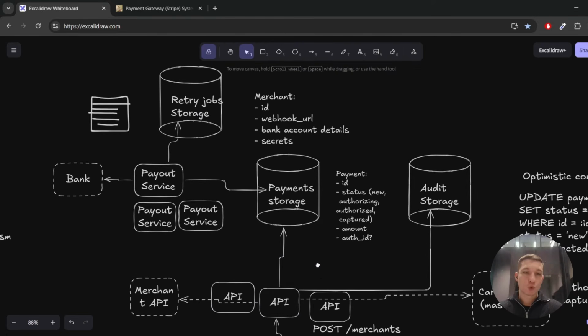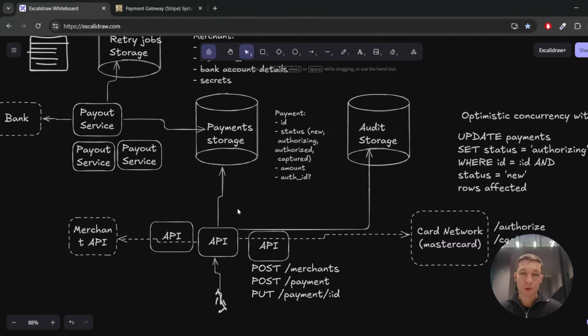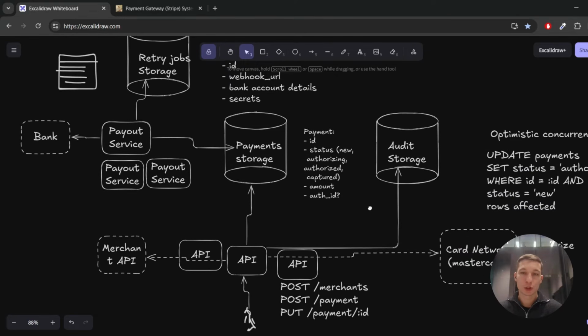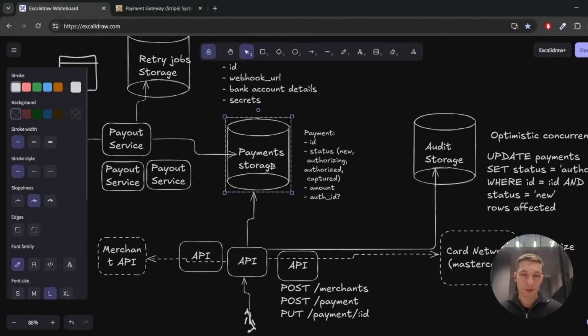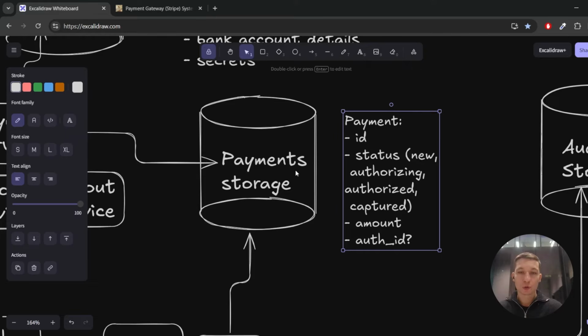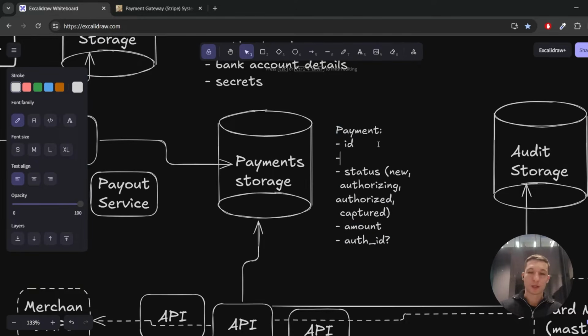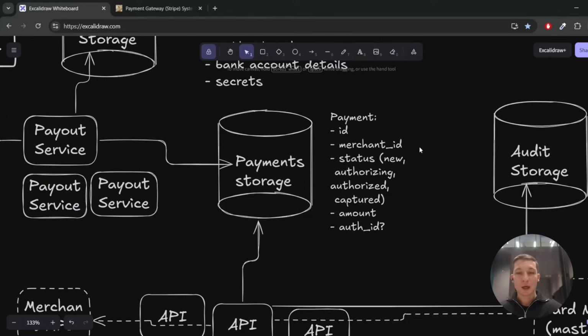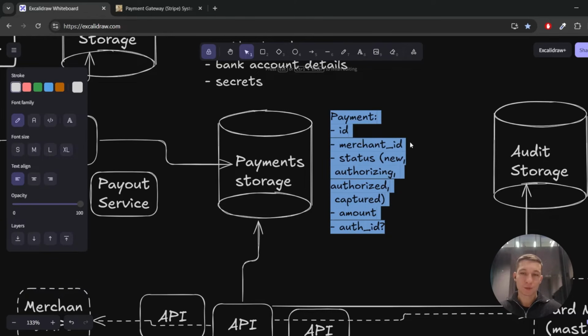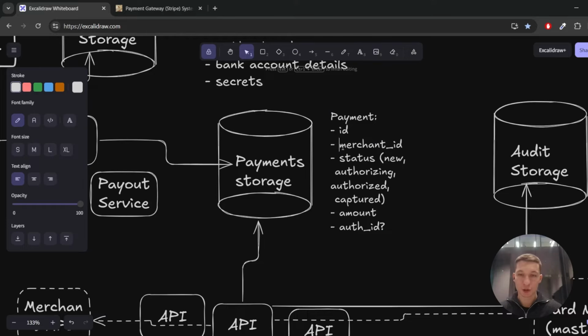Now, let's proceed with the storages. So first, the main storage is the payment storage. So how do we scale it? Let's also add here the merchant ID. I think the good key for sharding here would be a payment ID, not merchant ID. Why?